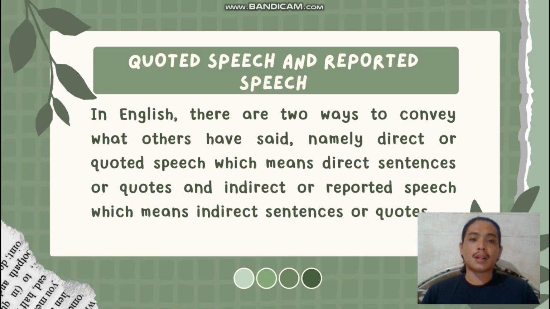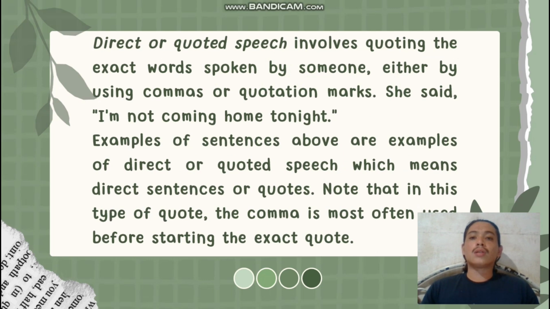Quote speech and report speech. In English, there are two ways to convey what others have said, namely direct or quote speech, which means direct sentences or quotes, and indirect or report speech, which means indirect sentences. Direct or quote speech involves quoting the exact words spoken by someone, using commas or quotation marks.